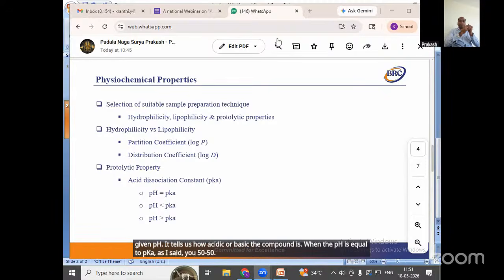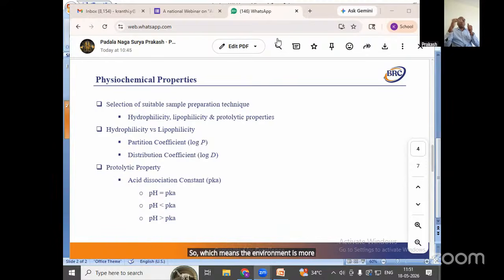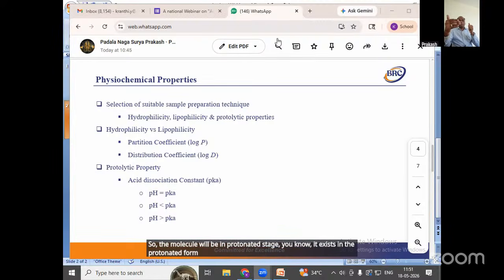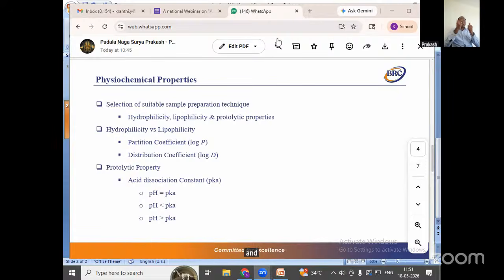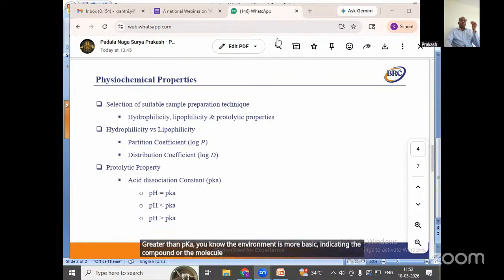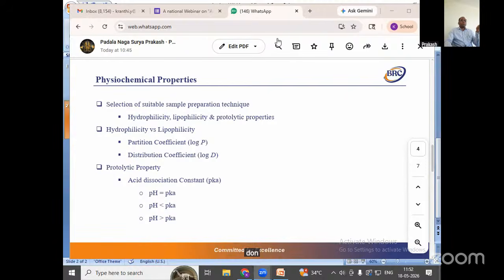But when the pH is less than pKa, the environment is more acidic than the molecule's pKa, so the molecule will be in the protonated form, indicating that it is ready to accept and hold the protons that it receives. Whereas when the pH is greater than pKa, the environment is more basic, indicating the molecule exists in the deprotonated form, which is ready to donate a proton.